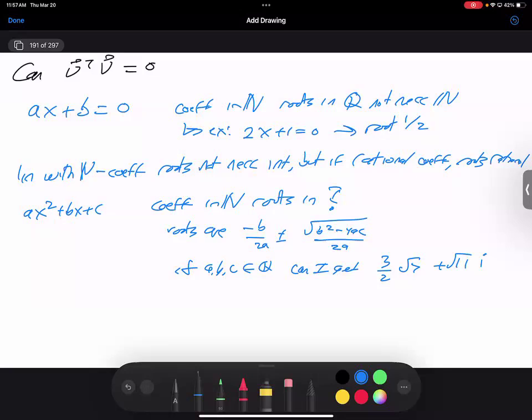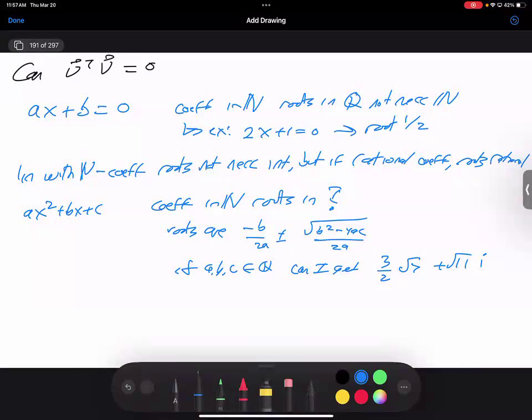No. If b squared minus 4ac is greater than 0, there's no imaginary part. If it's less than 0, that's the only place I can get an imaginary part. So I can't have something like this. There's going to be no quadratic with rational coefficients that will have this as a root. I can find a polynomial that will have this as its root, but it's not going to be a quadratic.